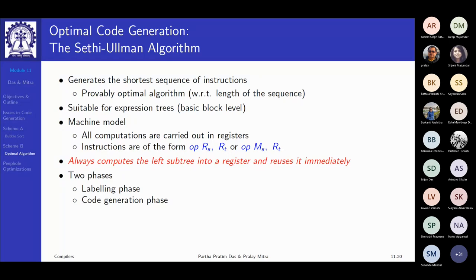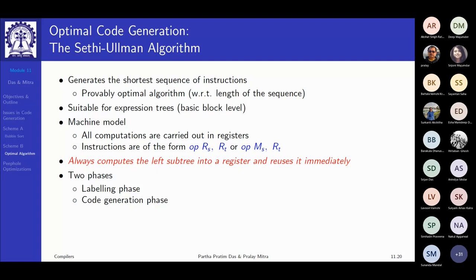This algorithm is by Sethi and Ullman. It generates the shortest sequence of instructions. So it is a provably optimal algorithm with respect to the length of the sequence. We have been trying to minimize time, but as you can see, this will actually minimize the length of the code. In a way, it will minimize the memory.